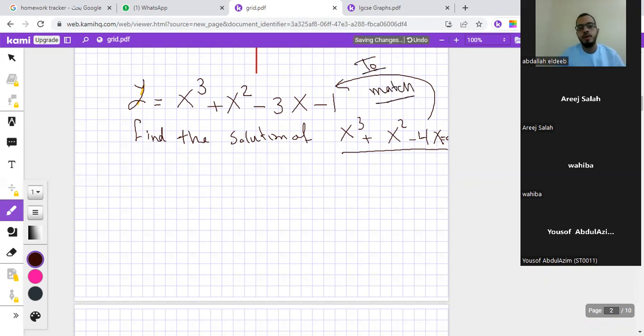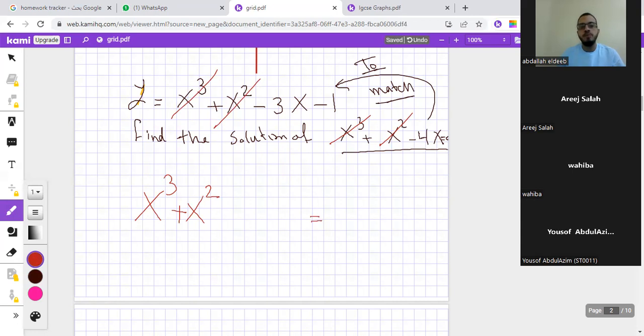Okay. The first one, x^3, do I need to change it? No. Write it. x^2, do I need to change it? No. Negative 4x, do I need to change it?